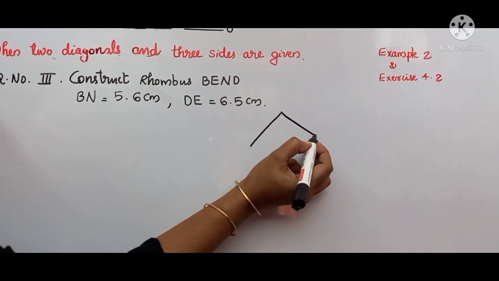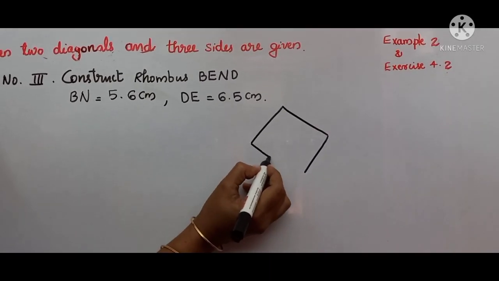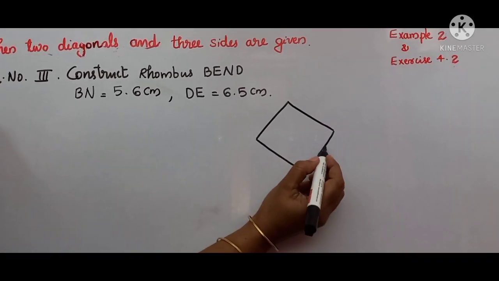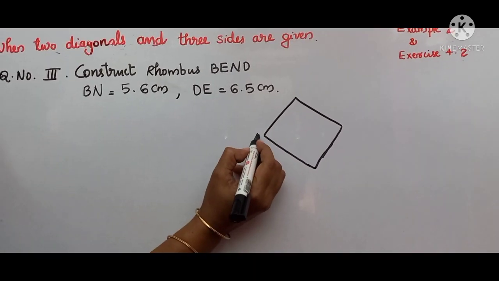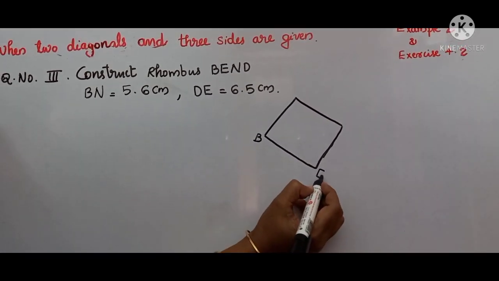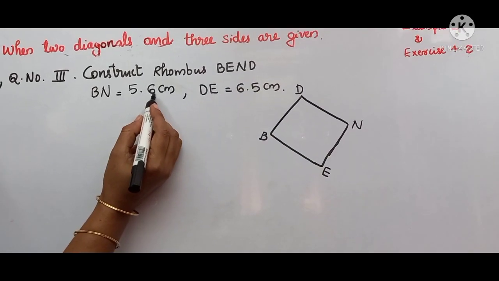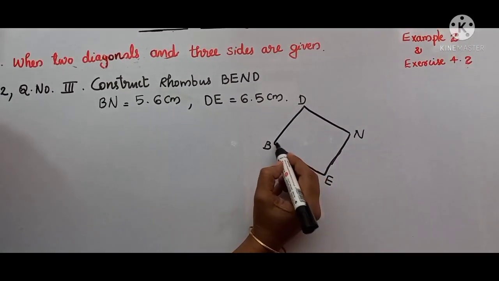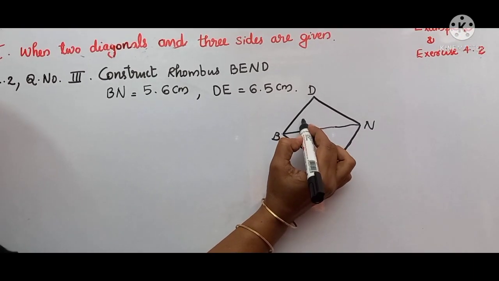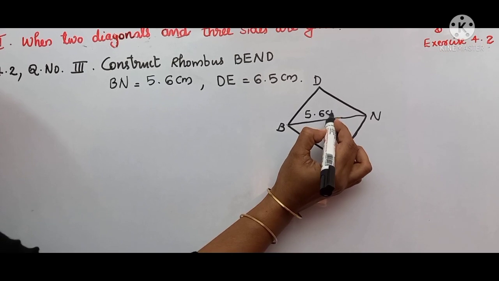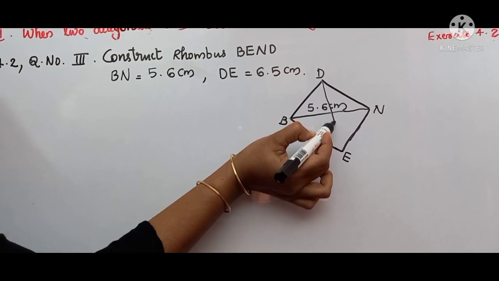And this is the rough sketch of that rhombus BEND, and BN is equal to 5.6 centimeter, and DE equal to 6.5 centimeter.